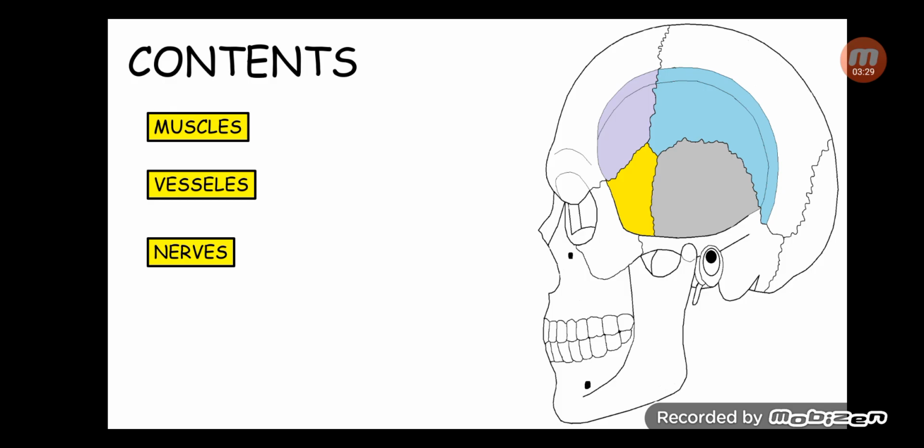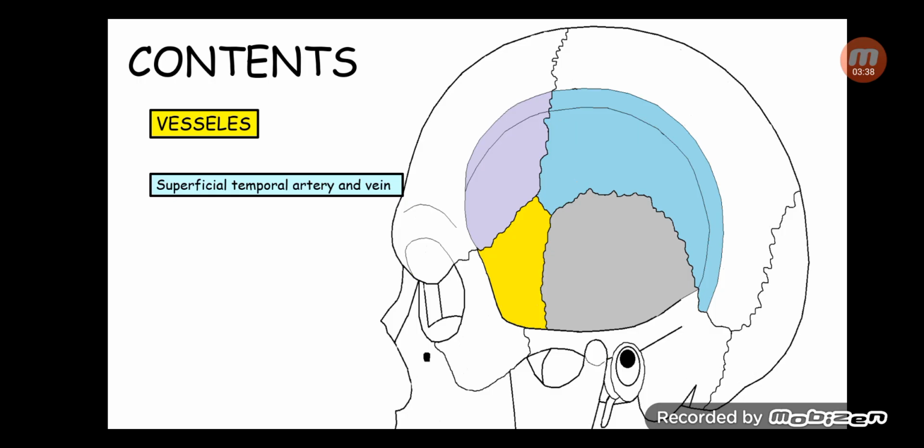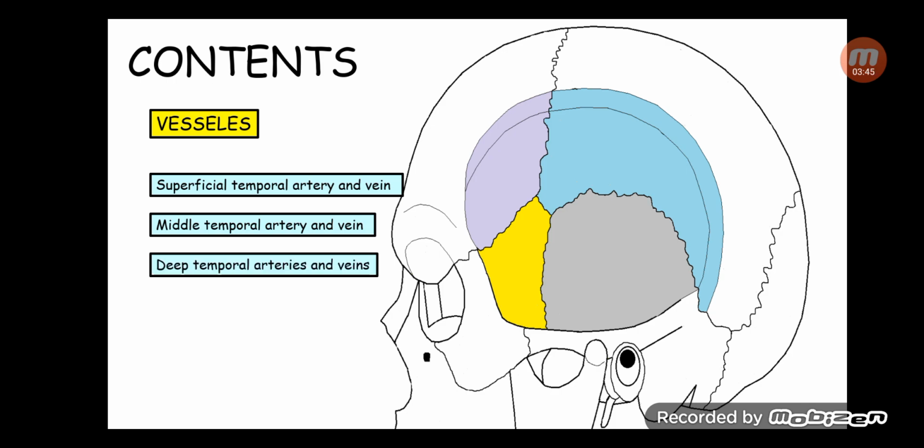Then we have the vessels in the temporal fossa. The vessels are the superficial temporal artery and vein, the middle temporal artery and vein, and the deep temporal arteries and veins.